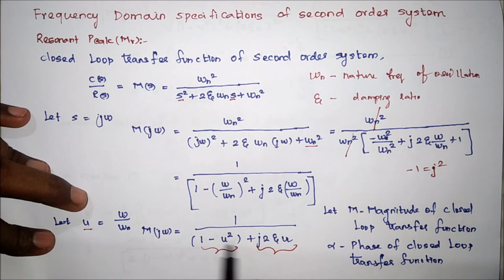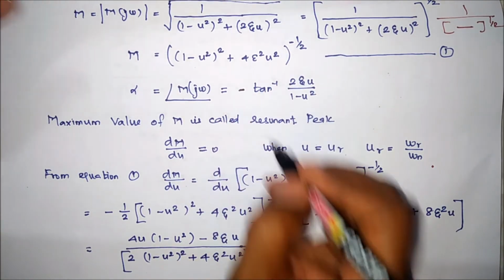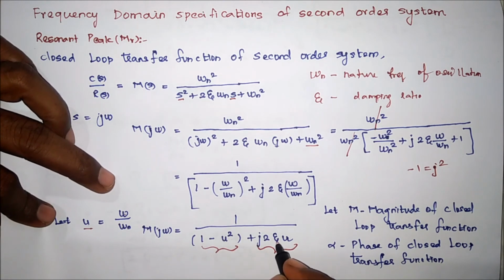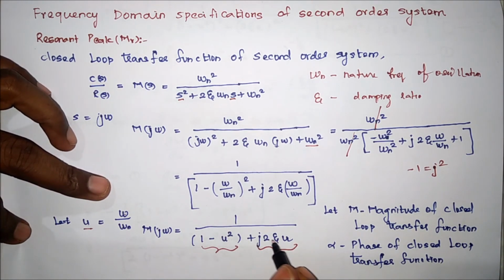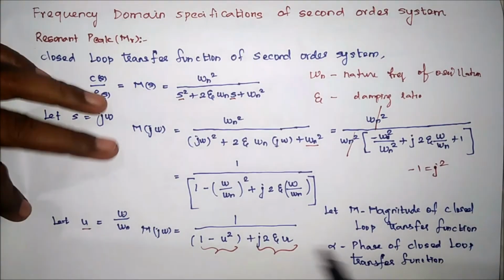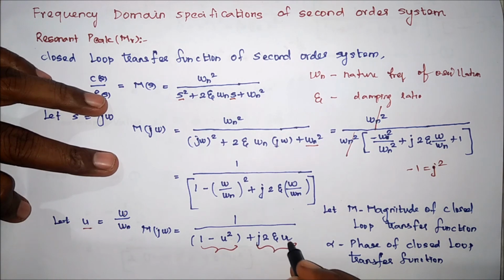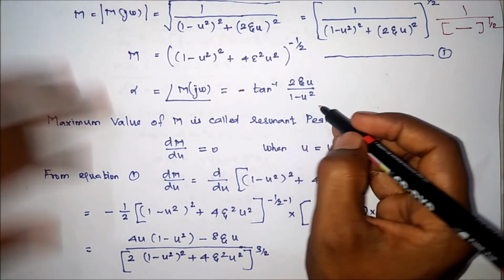So this is in the denominator, therefore we have to use minus. If real and imaginary part is in numerator, we can use plus, but here it is in denominator, therefore we have to use minus tan inverse of imaginary part 2 eta u divided by real part 1 minus u square. So this is the angle.